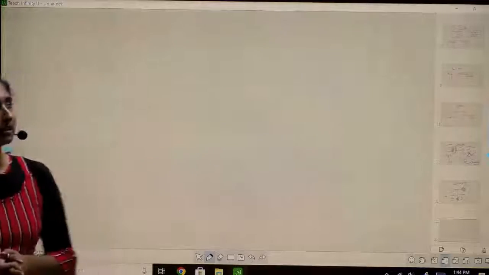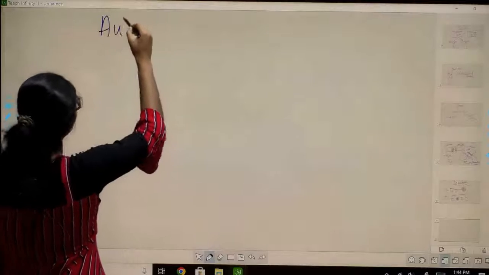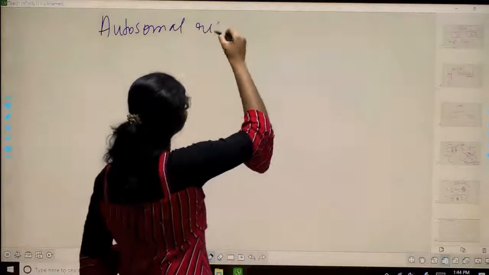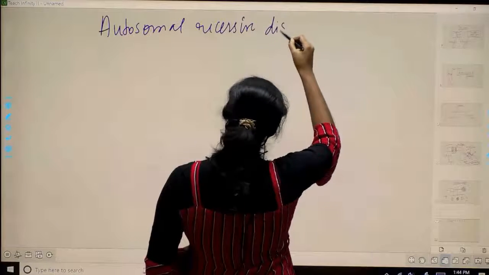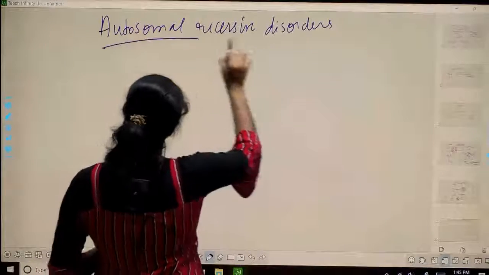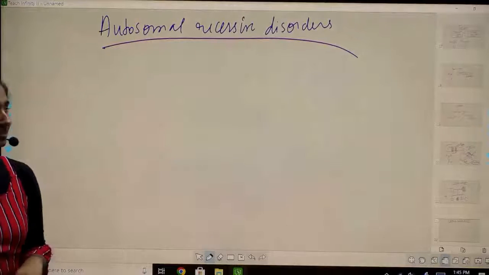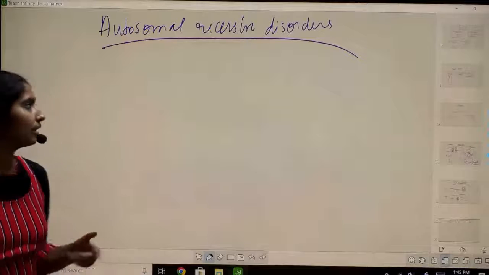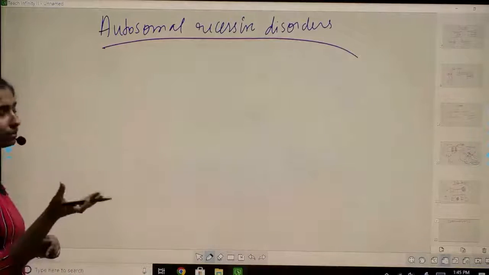So in pedigree analysis, let's first focus on autosomal recessive disorders. What are autosomal recessive disorders? These are the disorders that are only expressed when the individual is homozygous recessive for that particular trait or disorder.